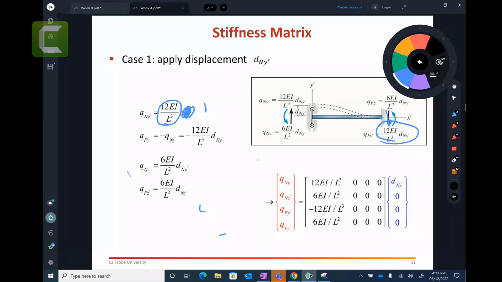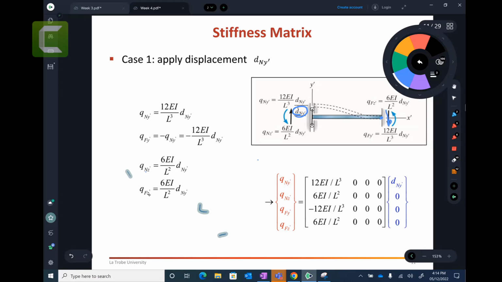I explained E, I, and L, but I don't want 1. I want the displacement to be d_y dash, which could be any value. So I change that 1 to the displacement at the near node in the Y direction, and multiply the whole thing by d_y. Once you have this force here, it is fixed here, so there is an opposite and equal reaction force, 12 EI on L cubed.